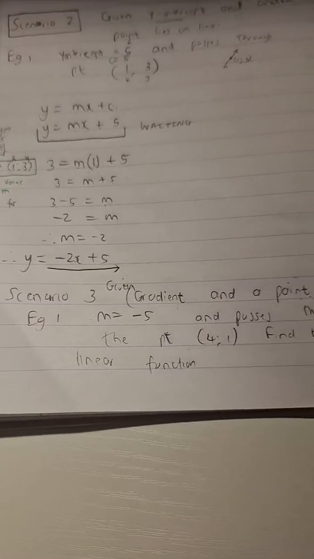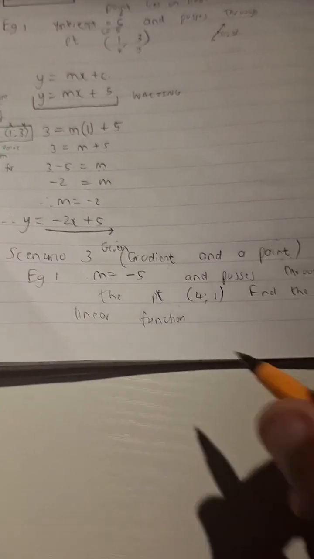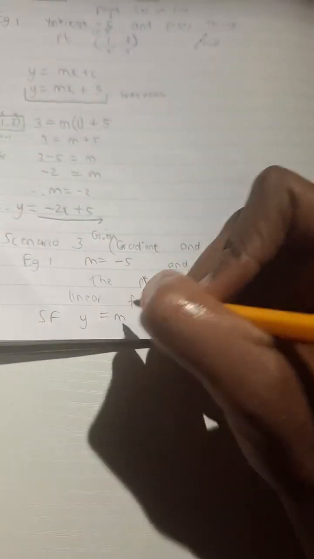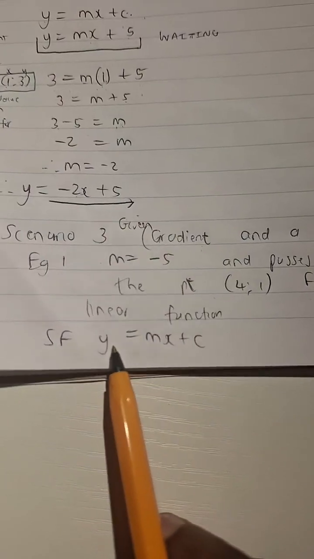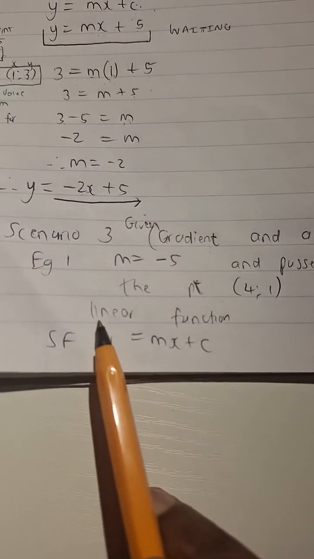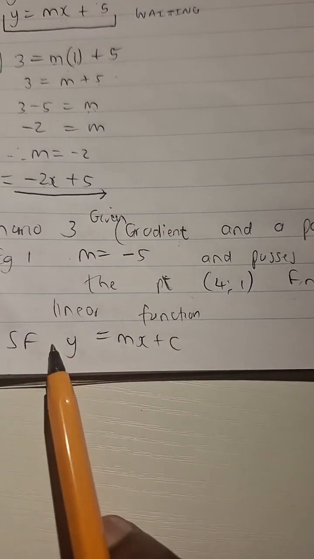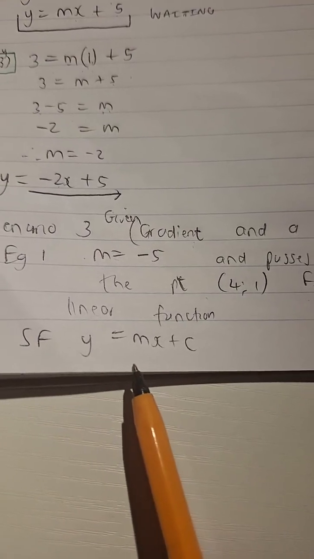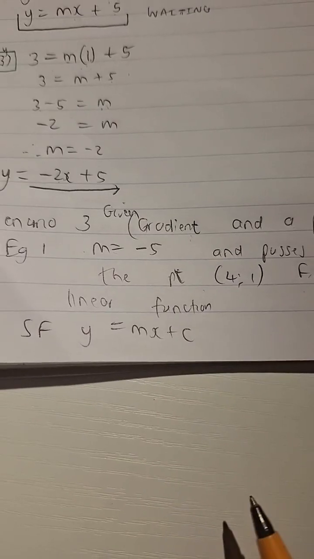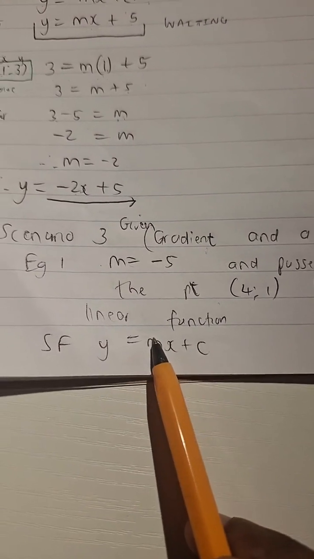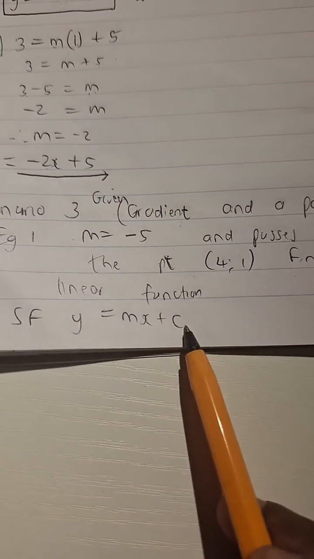Now we are going to do what we've been doing even in other scenarios, and our first safe option is to write down the equation of the straight line, y is equal to mx plus c, the way we know it ought to appear in standard form. y = mx + c. What does m stand for? Gradient. What does c stand for?